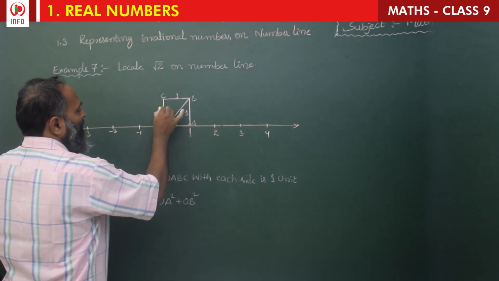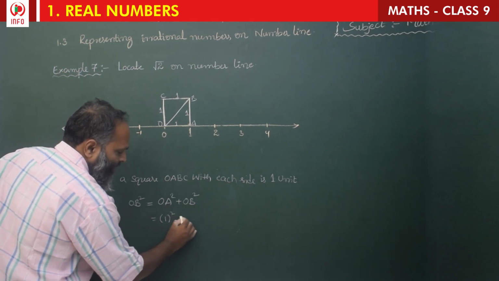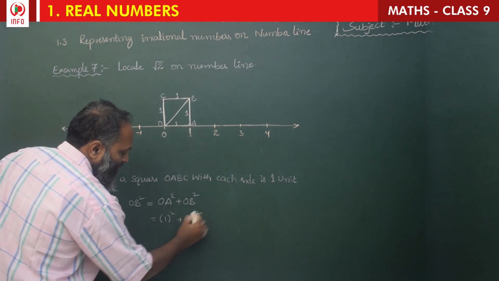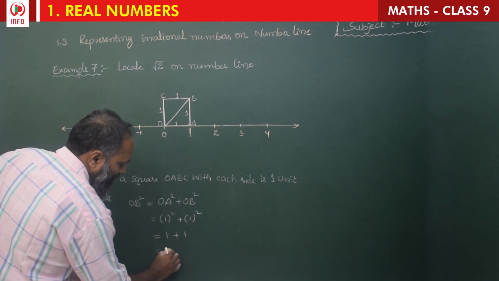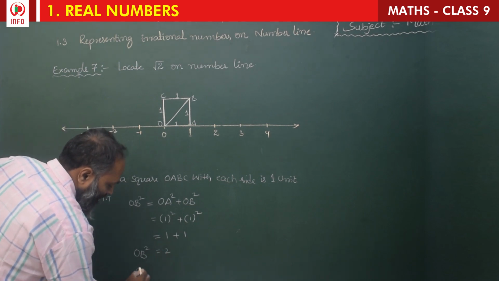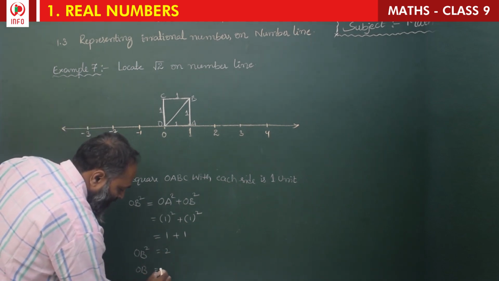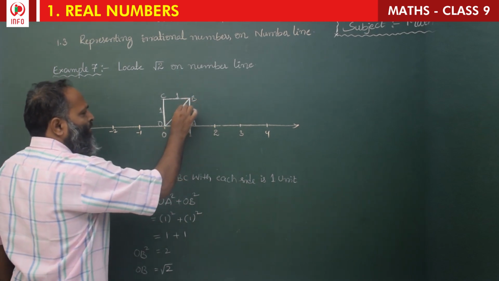All the sides are 1 unit. OA is 1 square and AB is also 1 square. So 1 plus 1 is 2. OB square is 2. If you take the square root, OB is root 2. The OB length is root 2.